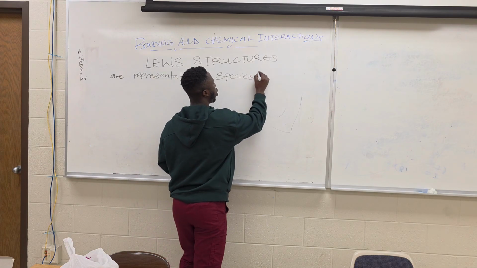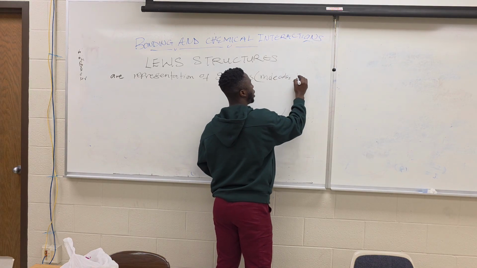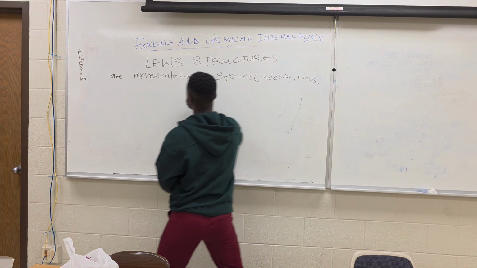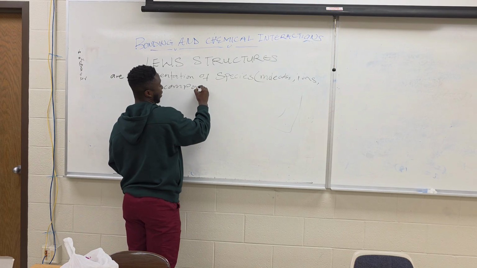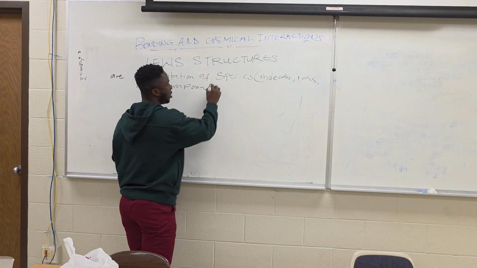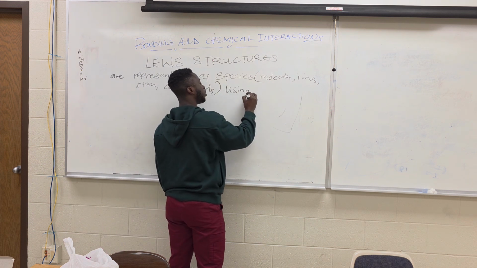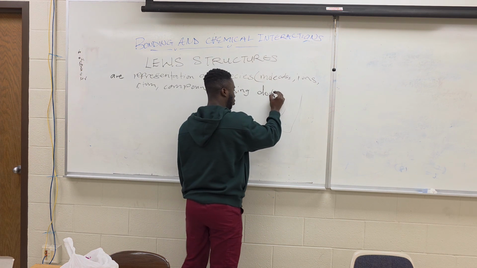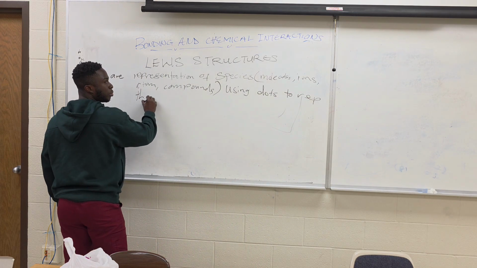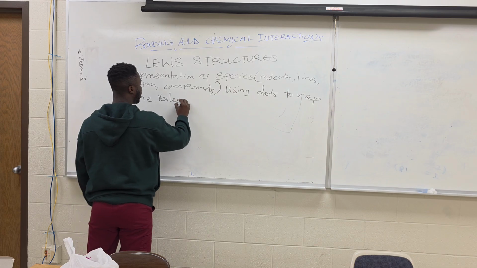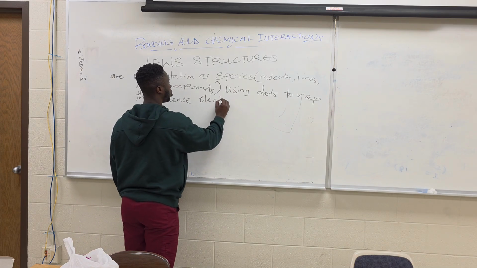I use species because you can substitute it for molecules, ions, atoms, compounds, whatever. They are all different species, right? A representation of species using dots to represent the valence electrons.